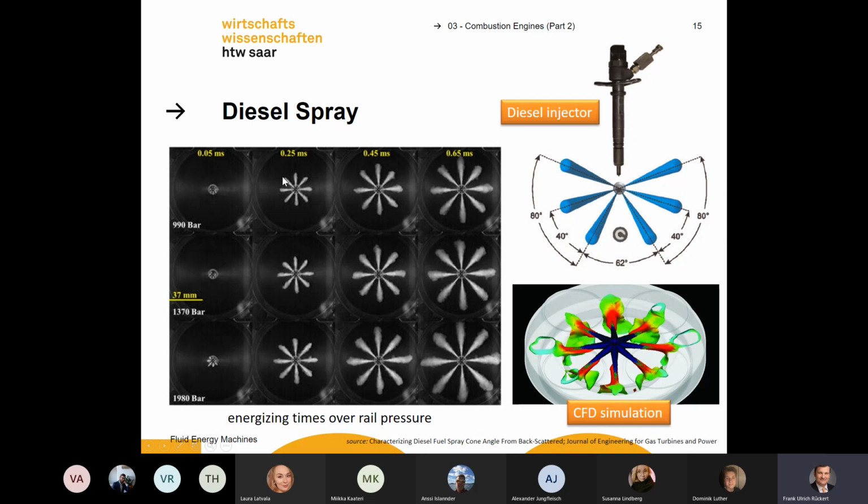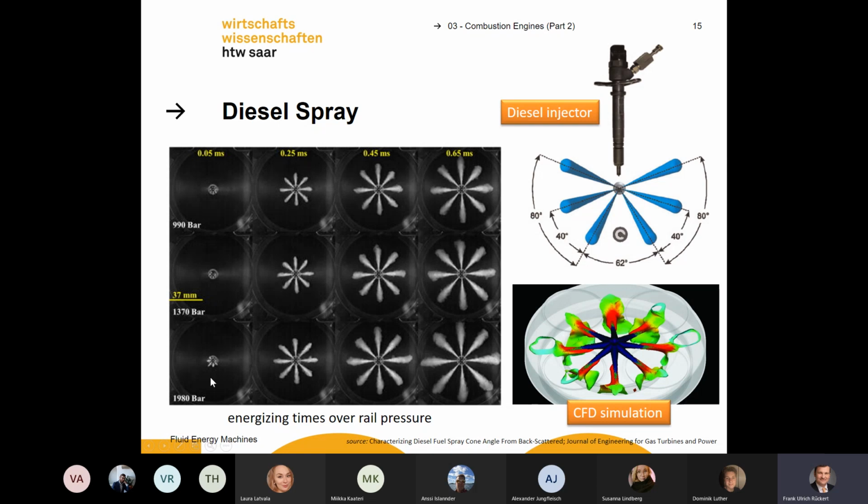And the spray plume also looks totally different compared with a gasoline spray, because it looks more like a star. You can have a different number of holes, but it always goes more in a horizontal direction. Here you see the injection after 0.05 milliseconds, 0.25 milliseconds, and so on.